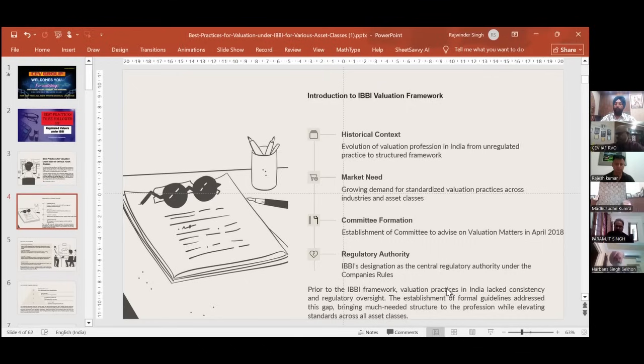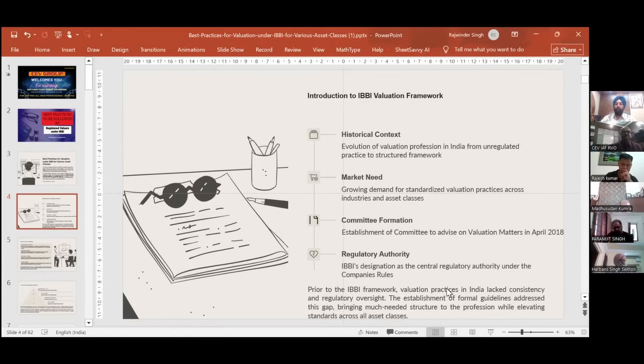Before IBBI, the valuation profession in India was an unregulated practice. With the advent of IBBI, this profession has been converted from unregulated practice to a structured framework. This was because of the growing need for standardized valuation practices across industries and asset classes.